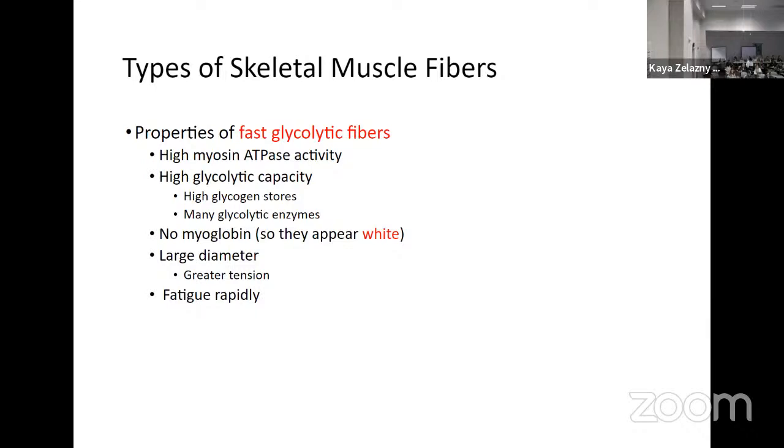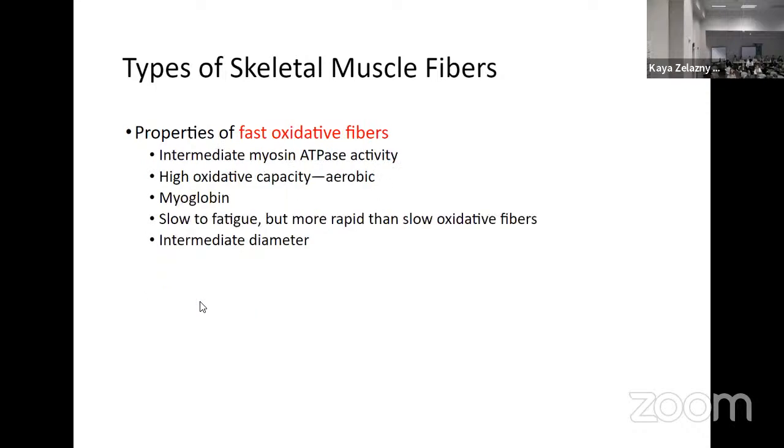Because they're larger in diameter, they can produce greater tension because we have just more of those contractile proteins stacked together, which means that they can produce greater tension. They're going to be stronger, but they're going to fatigue rapidly because they're not using a particularly efficient form of metabolism, and they're doing it quick, right? Because they've got this fast, high myosin ATPase activity. So they're going to be strong, but get tired real fast. Okay. That leads us to our middle ground.